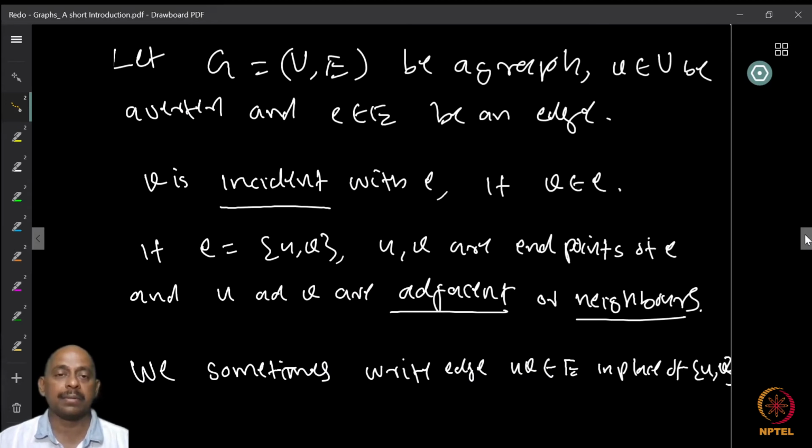If that happens, I say that the vertex V is incident with the edge E.